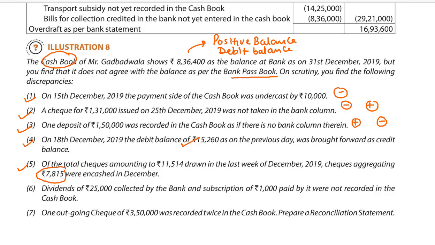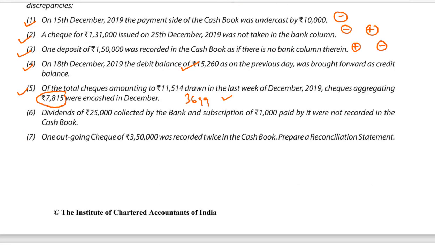Let me calculate it. 11,514 minus 7,815 is 3,699. This 3,699 is to be added in the cash book.